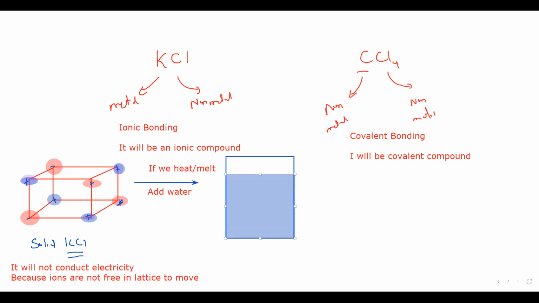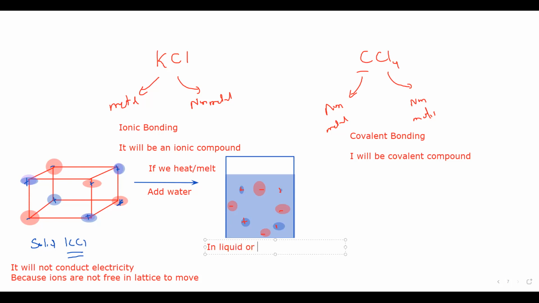When the water dissolves this substance, these ions are free to move. The positive and negative ions, which were not able to move in the lattice, can now move in a liquid state. So when we try to pass electricity, it can conduct electricity.